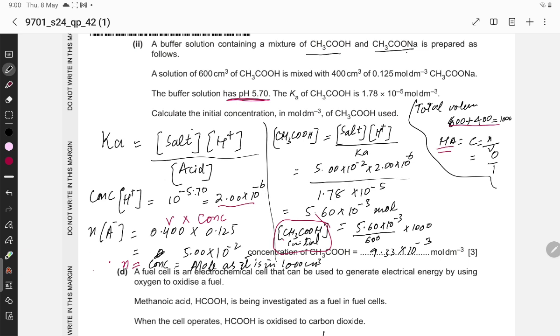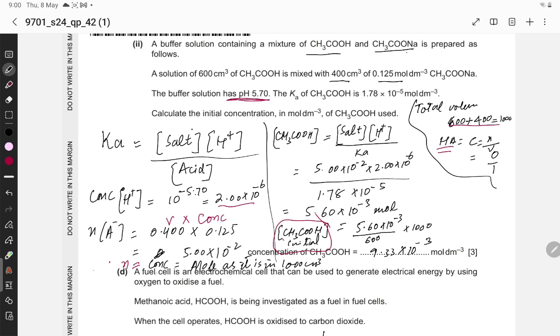Now the number of moles of acid and salt ion: 0.400 is the volume and this is the concentration of sodium ethanoate. So the moles of sodium ethanoate is 5 into 10 raised to minus 2.